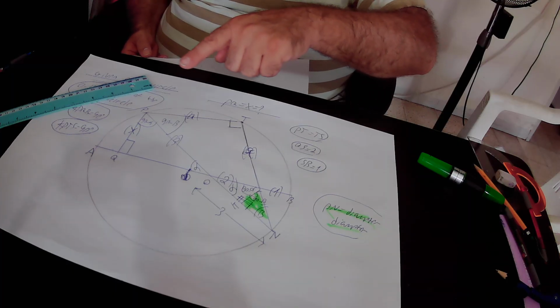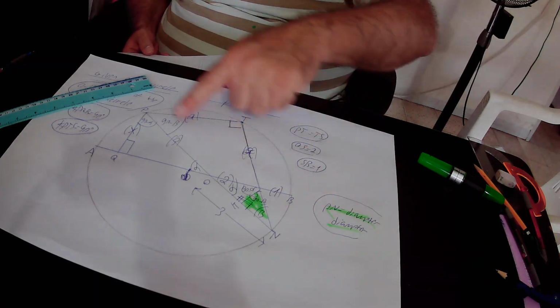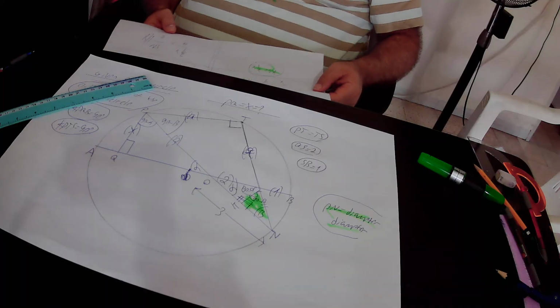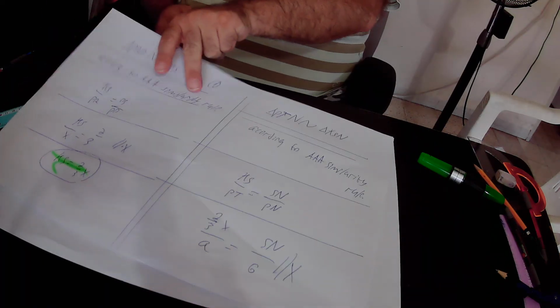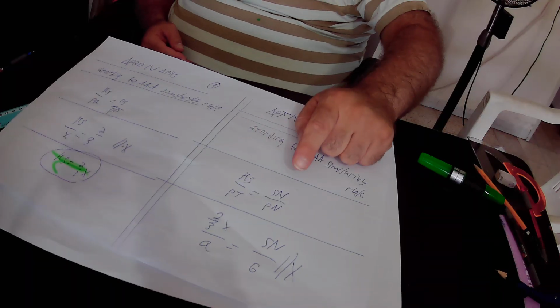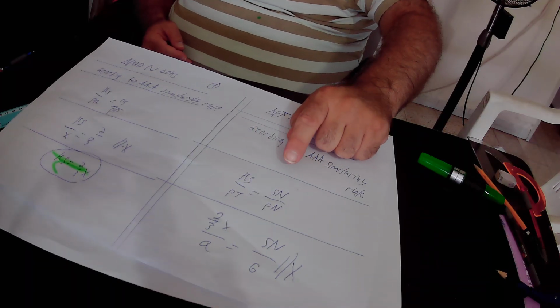Actually, this is side PN of the big right triangle PTN. Again, we derive that KS over PT equals SN over PN.